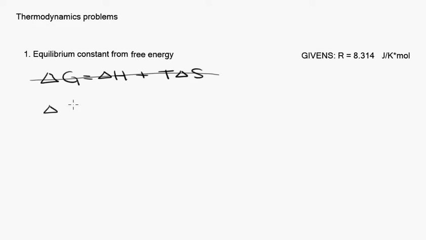We also know that delta G equals either delta G naught or delta G naught prime plus RT natural log of KEQ. Okay, so this right here, this is the equilibrium constant.